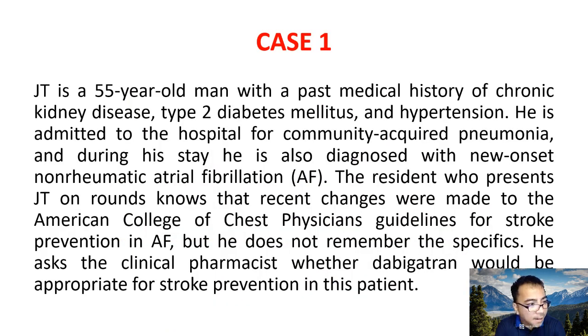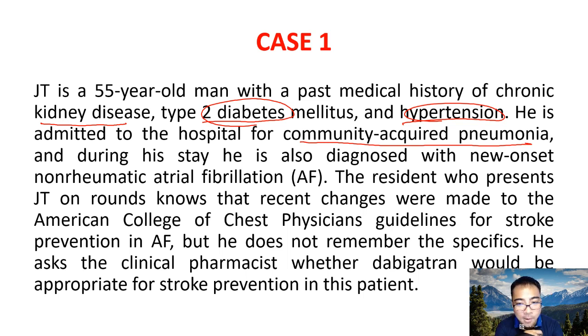Okay, so let's have your class A sample case. JT is a 55-year-old man with a past medical history of chronic kidney disease. So let's just put that into consideration. May kidney disease siya with type 2 diabetes, okay, and hypertension. He is admitted to the hospital for community-acquired pneumonia. Okay, so meron siyang pneumonia, which obviously would merit the use of anticoagulants.